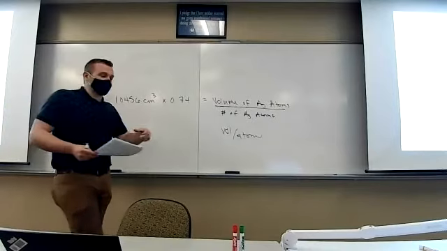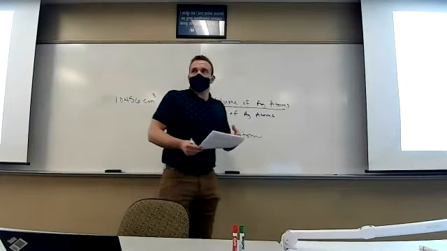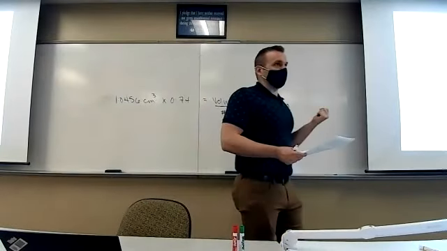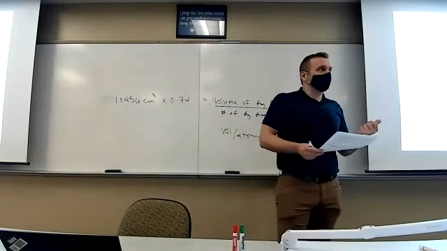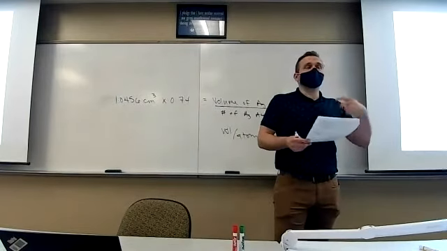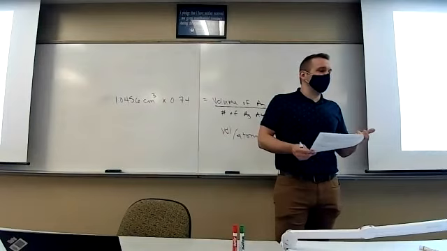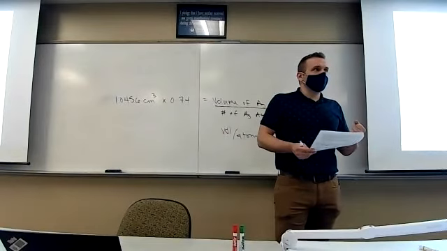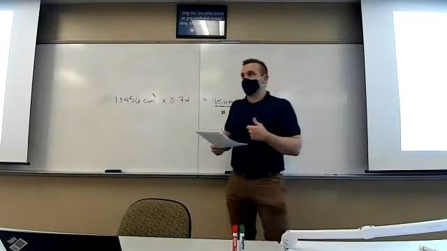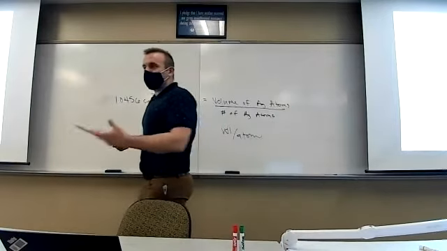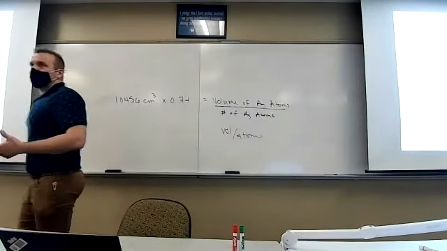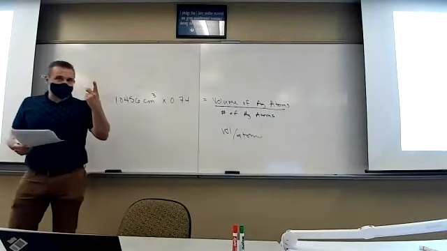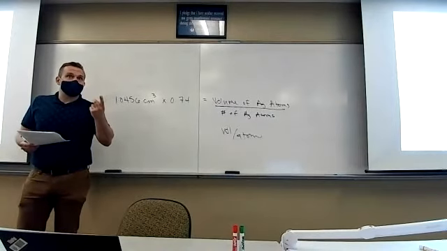Now, why is it positive? We had a couple examples like this. Why is it positive? What would the first electron going into oxygen be? The first electron going into oxygen would be negative or positive? The first electron would probably be negative, right?